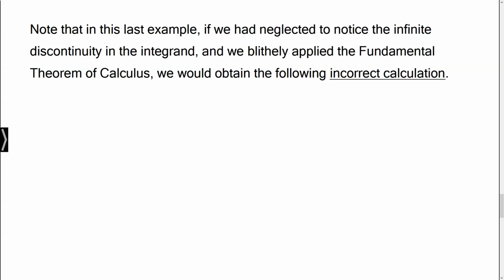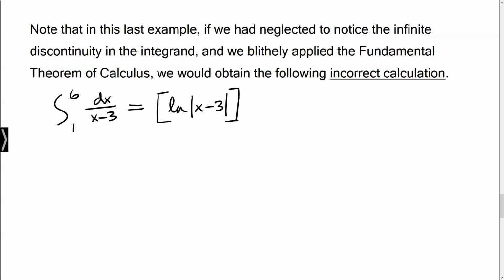Here's what would happen. We would find the antiderivative of the integrand, which would be natural log of x minus 3. So that is the antiderivative, but you're just not allowed to use it with the fundamental theorem here. So here's what you can't do. So that's the problem.